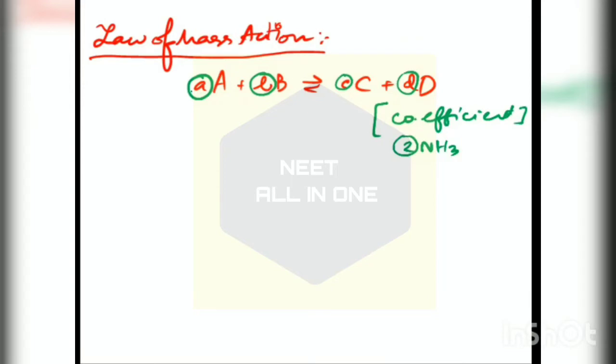Now the rate of reaction is directly proportional to the product of concentration of reactants each raised to their power in stoichiometric coefficient. What does that mean?